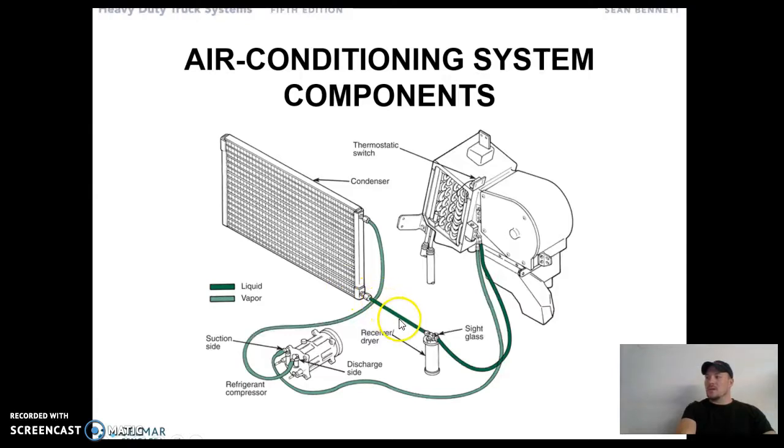We now have a high pressure liquid moving through our receiver dryer, going up into our H block right here. Once it goes through our H block, we now have low pressure. It goes through the evaporator, creates a low pressure gas, which then makes its way back to the compressor.